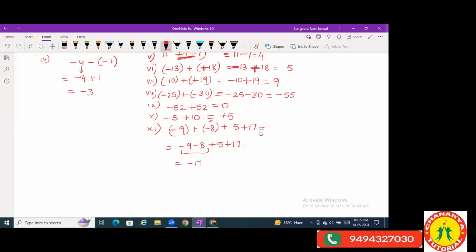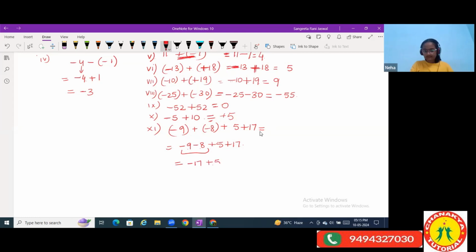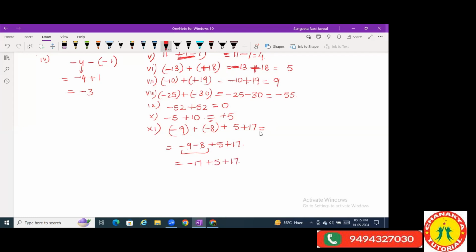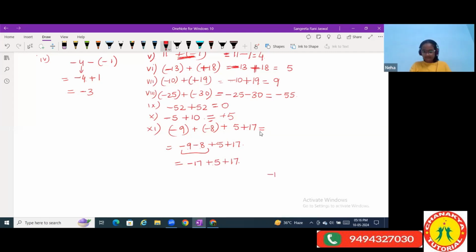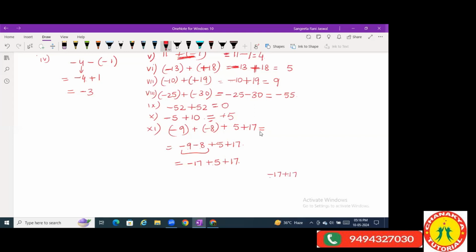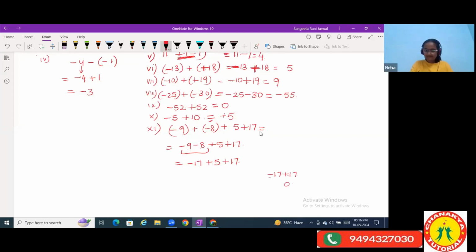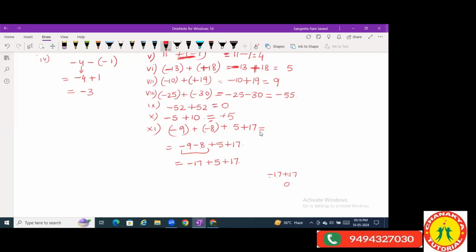Now we'll take down plus 5 as it is, and plus 17 as it is. Now you can see I have plus 17 and minus 17. So positive and negative 17, 17 minus 17 will be 0, because these are exactly opposite of each other.